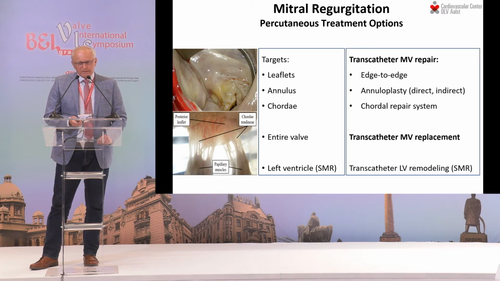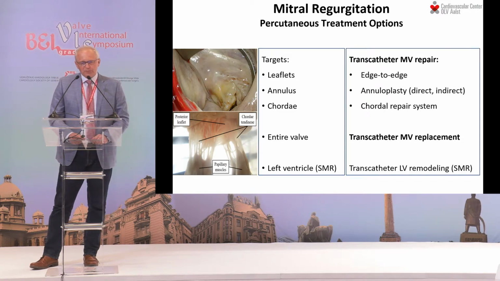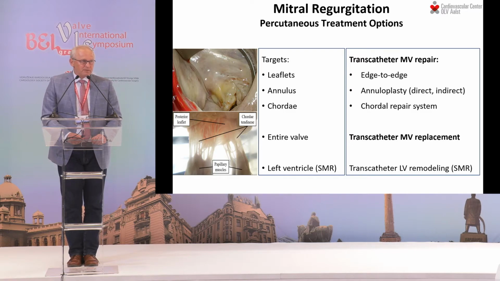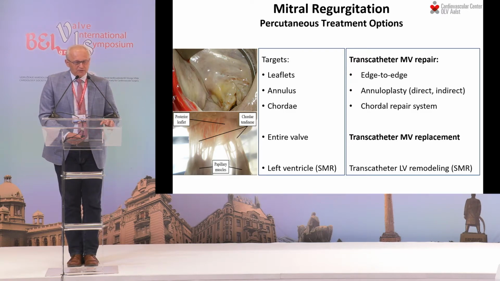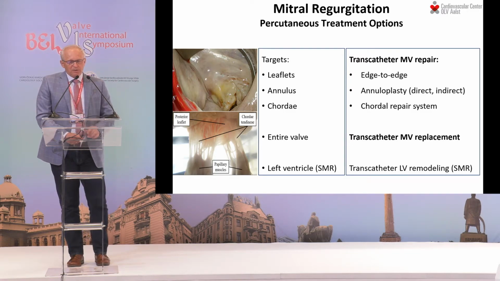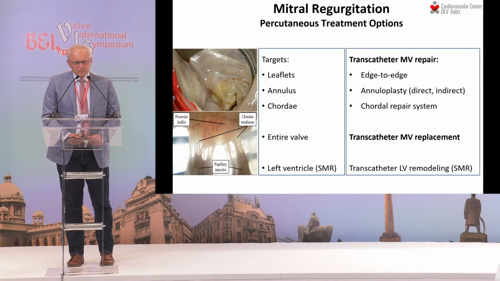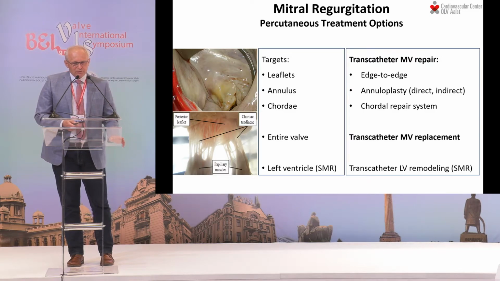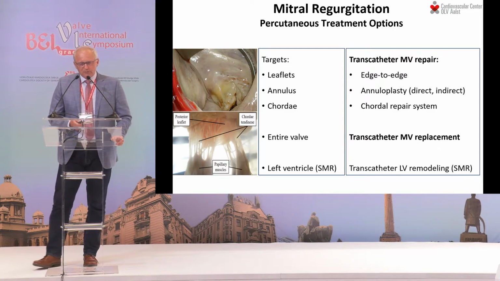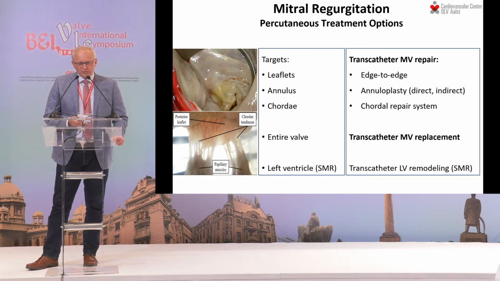So being didactic, obviously we can divide the options into 3 categories, including transcatheter ventricular remodeling, not the topic of today, but there are 2 main categories addressing mitral valve regurgitation: mitral valve repair and transcatheter mitral valve replacement. So I'd like to walk you through the basic information about the available devices for each of these percutaneous options.